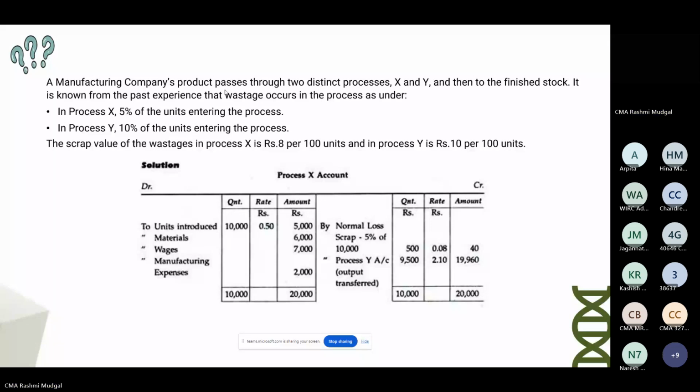So we can see here in the process X account, firstly a unit of 10,000 has been entered with material of 5,000, wages of 6,000, and manufacturing expenses of 20,000. Of the 10,000 units, 5% is 500 units.